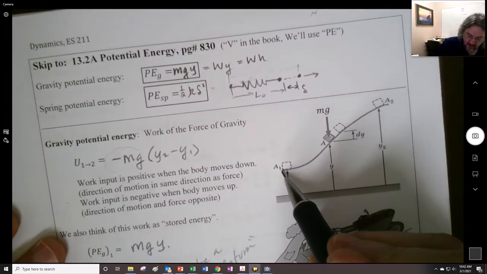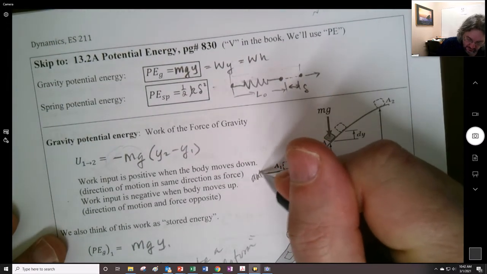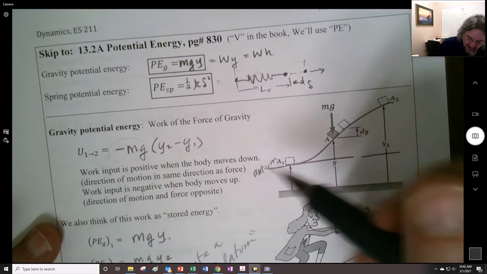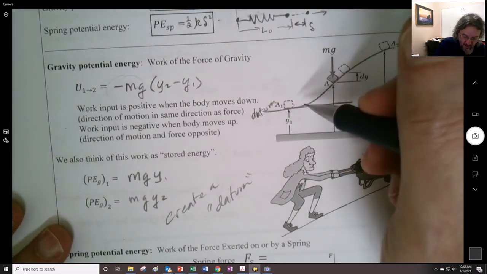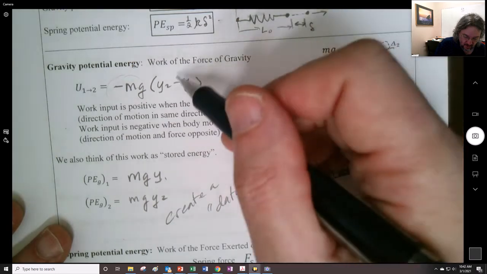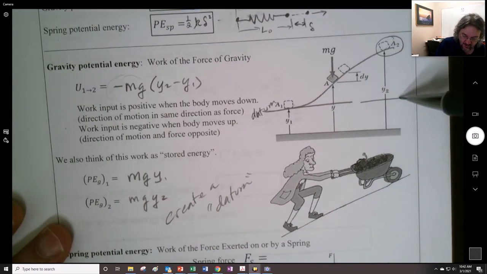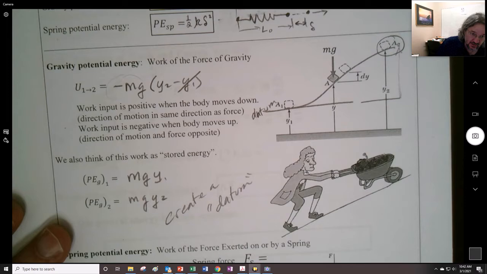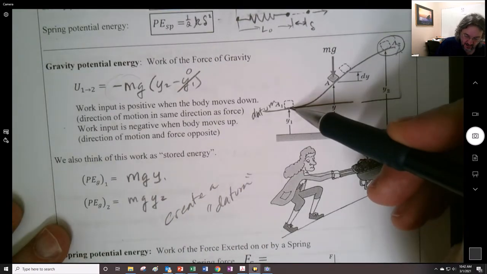Here is the datum right here, and then we will just say that that's going to be 0, where the datum at y1 is 0. So when we get up to here, we've moved upwards this amount right here, right? So this is 0 if that's the datum.